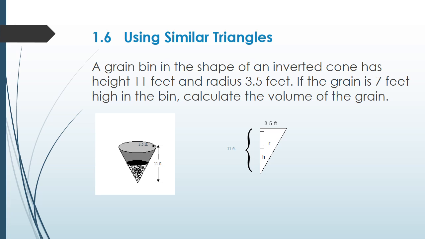We need the leg of the smaller triangle. You can use the fact that the large triangle and the small triangle are similar and set up a ratio to find the radius. Once you know the radius, you can find the volume of a cone. In case you've forgotten, the formula for the volume of a cone is 1/3 pi r squared h. Pause the recording, see if you can do this. Resume the recording to check your answer.